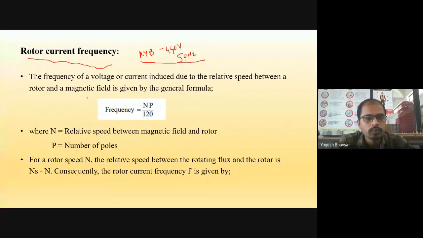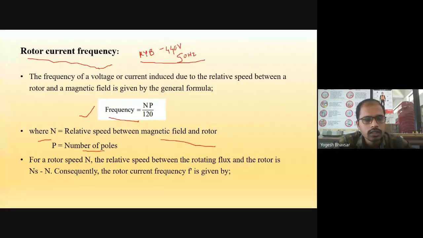and there we have derived the formula for synchronous speed. Ns is equal to 120 f by p. This is similar for the rotor speed. If we rearrange, then the frequency is equal to Np by 120, where N is the relative speed between the magnetic field and rotor, and p is the number of poles.